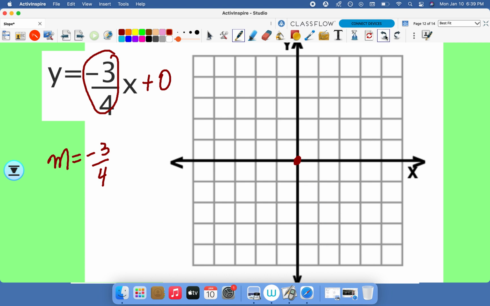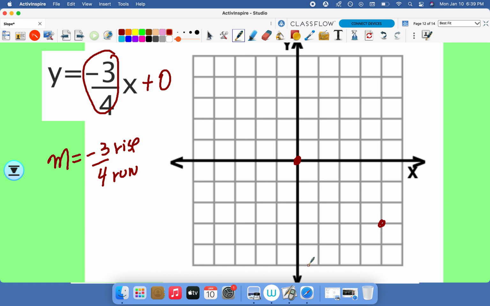Well, let's make sure we cross it the right way. So let me write rise over here and run. The distance in the y value is going to be 3, and the distance in the x value is going to be 4. So to plot my next point, I would go 1, 2, 3 down. And how many to the right? 1, 2, 3, 4.